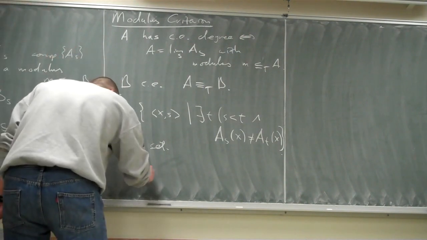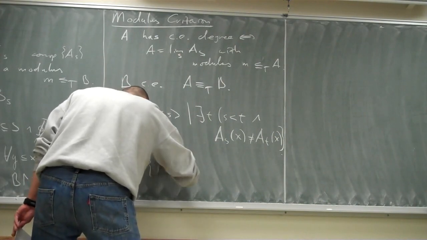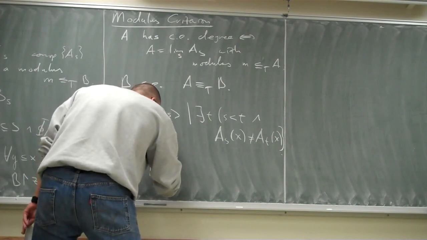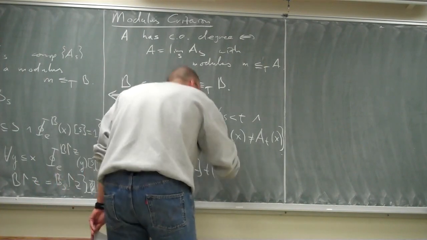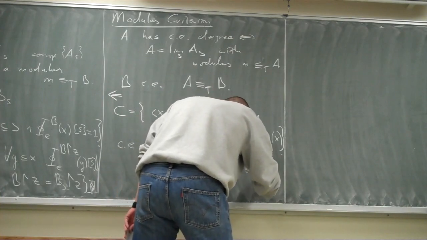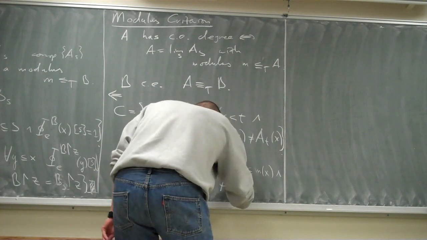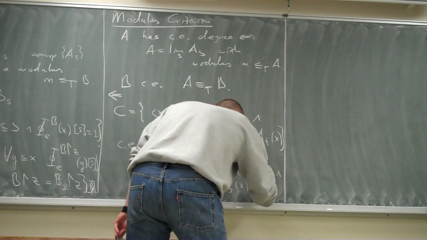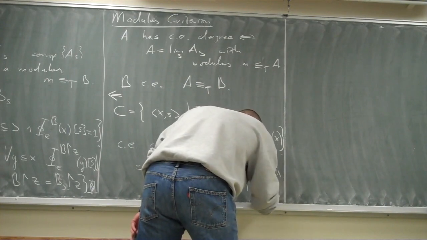Well, C is equal to the set of x, s such that there exists a t, s is less than t, is less than or equal to m of x, and A_s(x) is not equal to A_t(x).